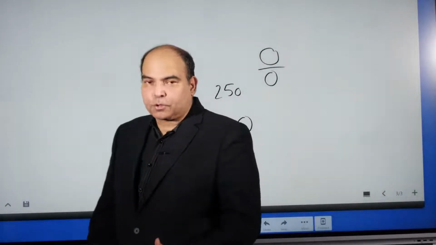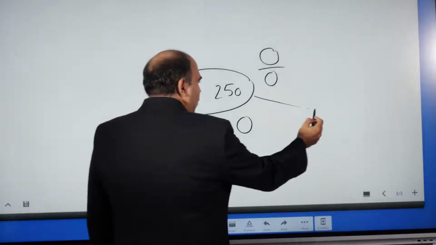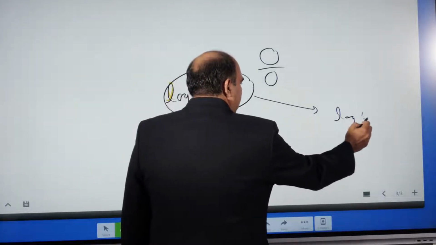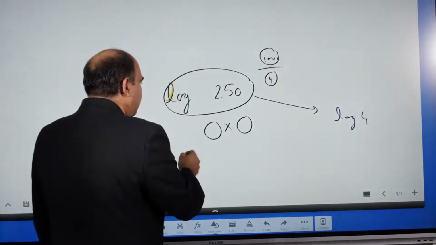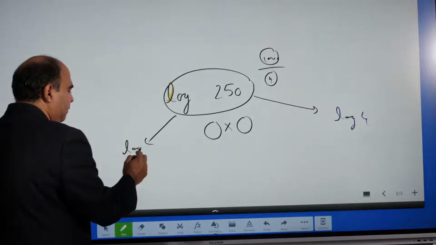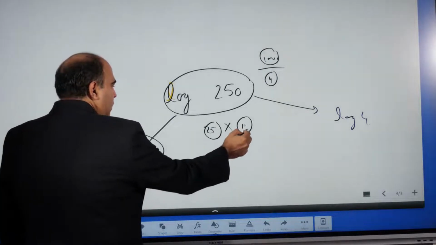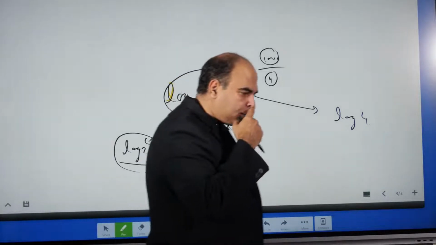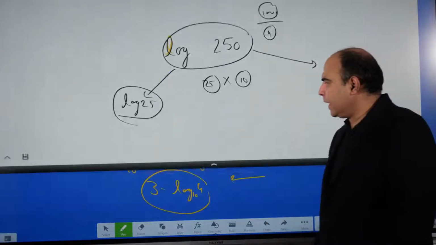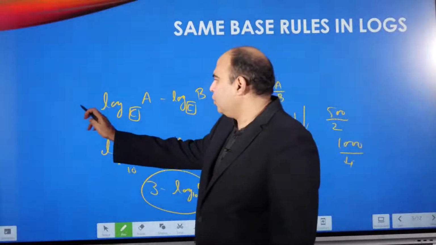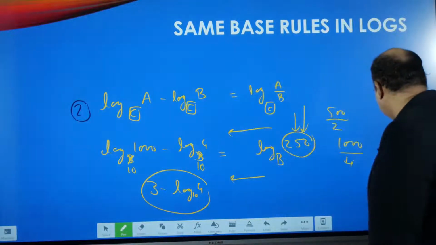What suits the current options? If my options have a log 4 inside them, I might want to think about this as 1000 by 4. But if my options have a log 25 in them, then I might want to think about this as 25 into 10. This is the finesse you'll develop as you keep solving these logs questions. So this is the second rule, the base change rule, the same base rule where you're using log A minus log B.